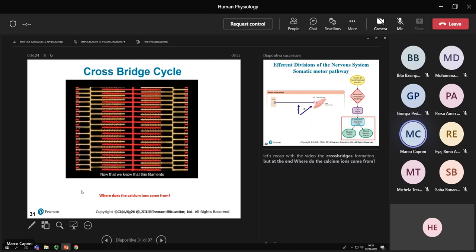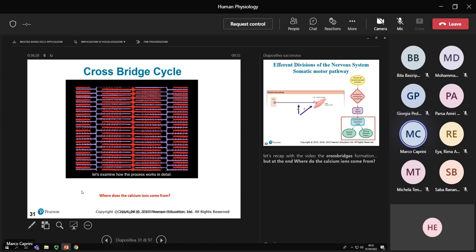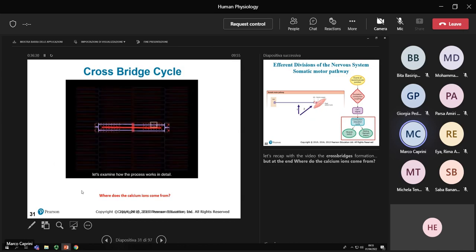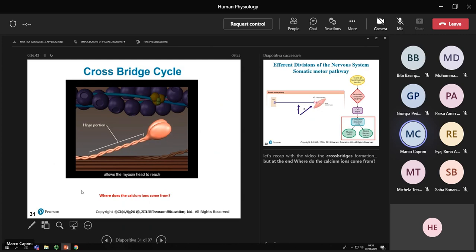Now that we know that thin filaments slide over thick filaments during muscle contraction, let's examine how the process works in detail. Myosin molecules have two important features that enable the thick filament to bind to and move the thin filament. First, the hinged portion of the tail allows the myosin head to reach the binding sites on actin.